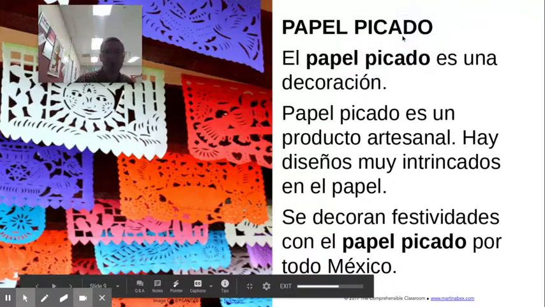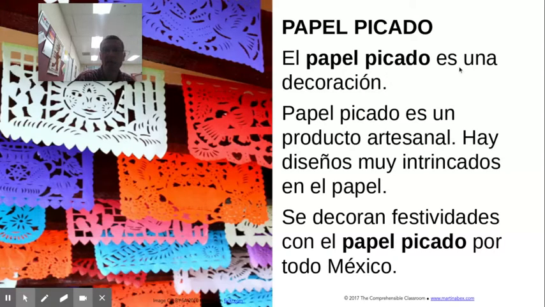Papel picados. This is papel picado. El papel picado es una decoración. So if you change the C to a T, what do you have? Decoración. Papel picado es un producto artesanal. So artisanal. Hay diseños.